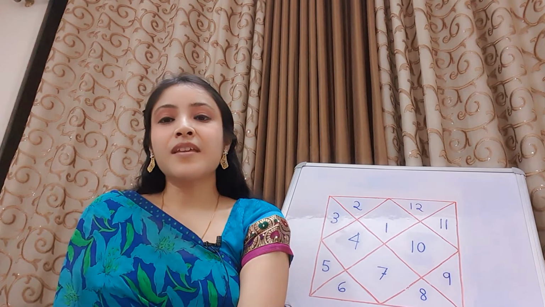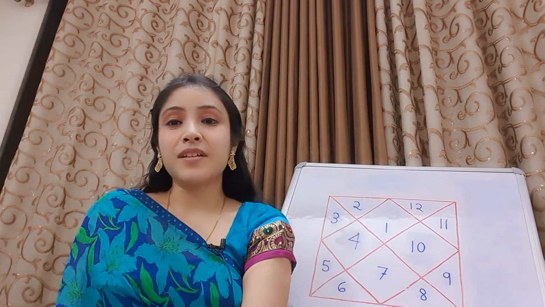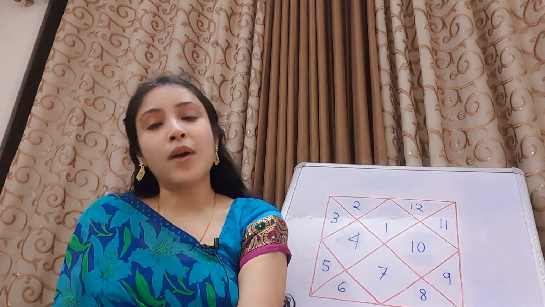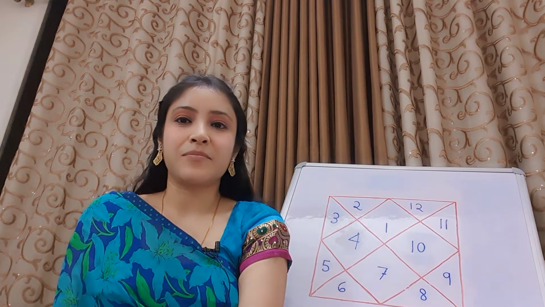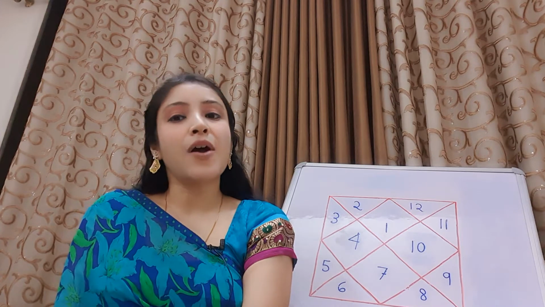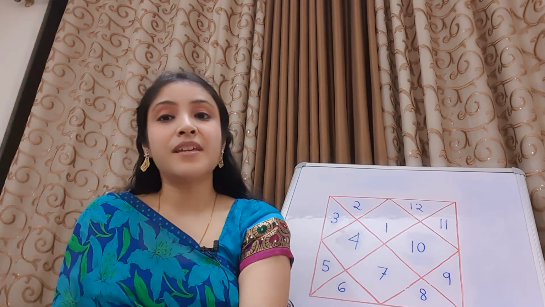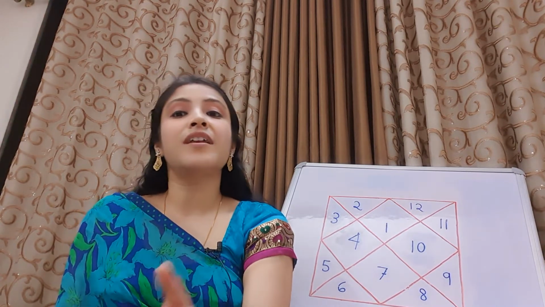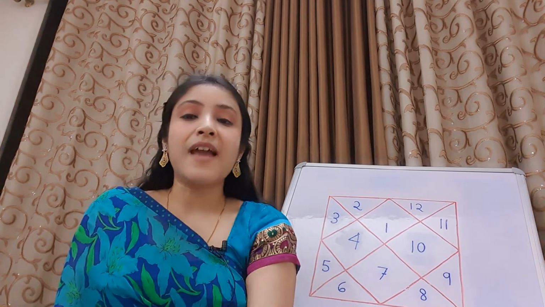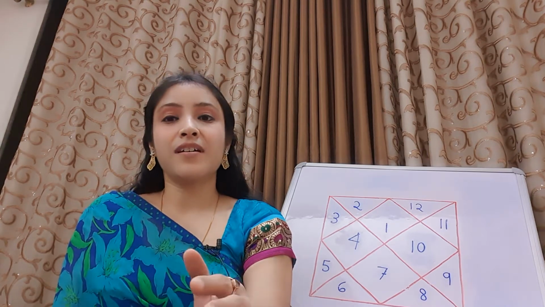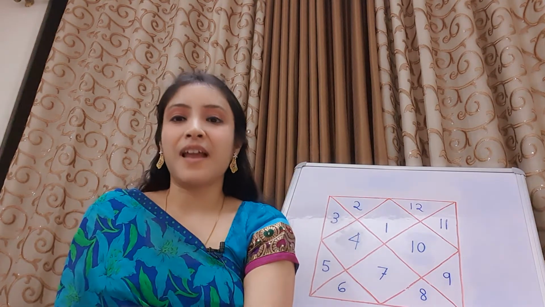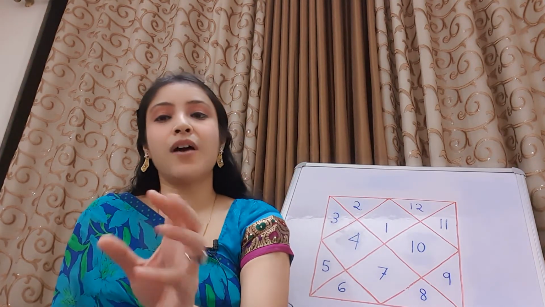Now, as you can see on the board, there are 12 houses. Each house has one zodiac sign. Now, what are these houses actually? These houses represent the various areas of our life. Each house stands for a certain area or a few things related to our life.